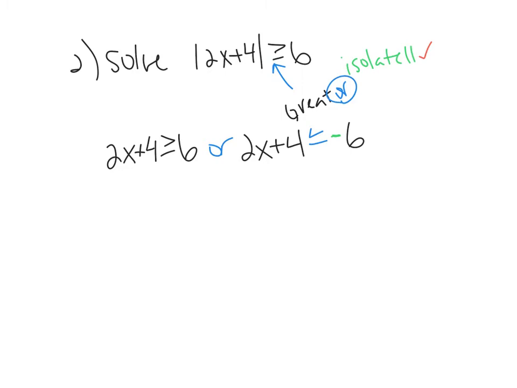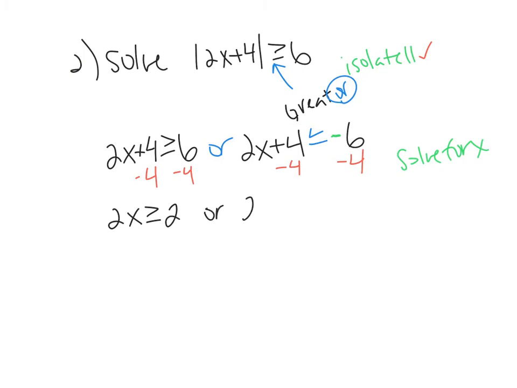So next we're just going to solve for x. Okay, so to solve for x, here we need to subtract 4 from both sides. Again, inverse operations. So 2x is greater than or equal to 6 minus 4, which is 2.